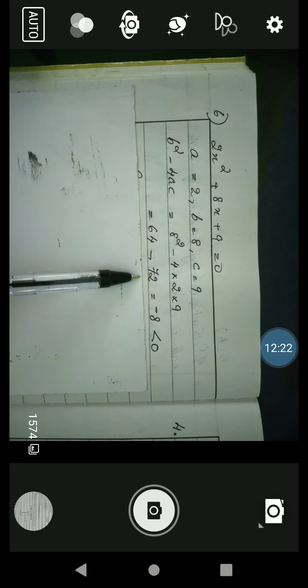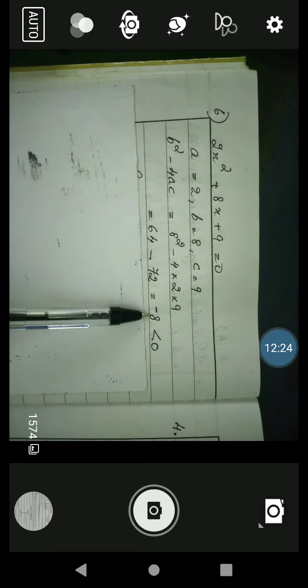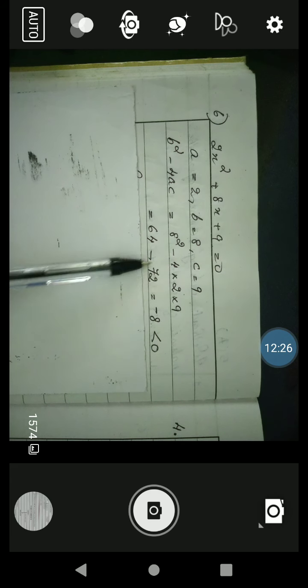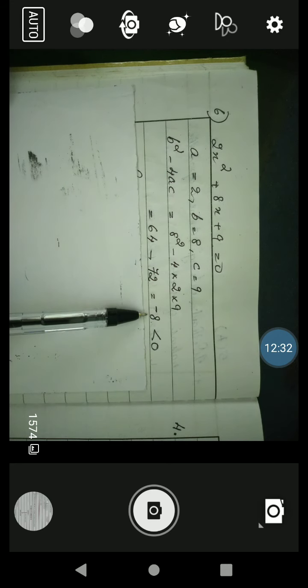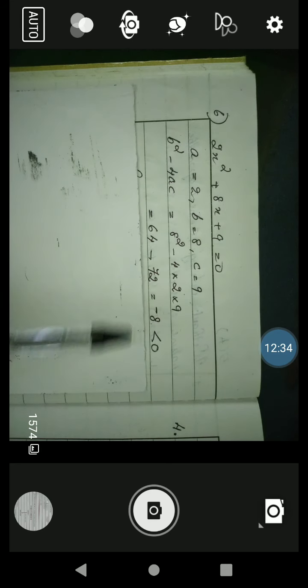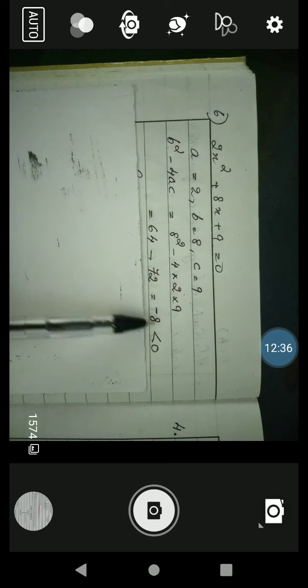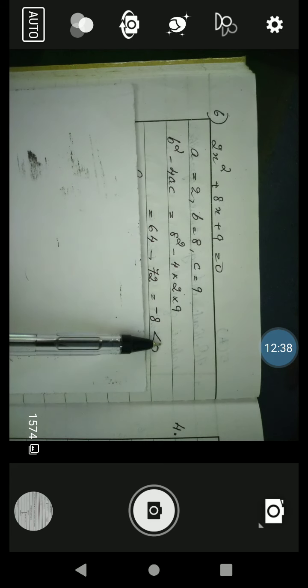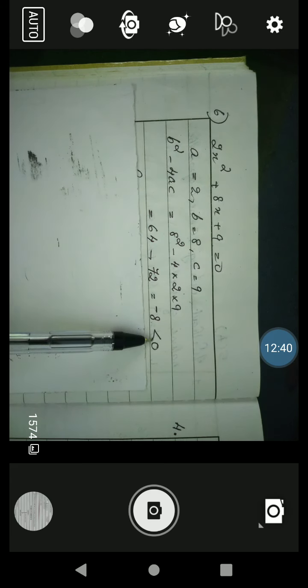So 64 minus 72, it is a negative number because this value is greater. Therefore 64 minus 72 is minus 8. So we cannot find the square root of minus 8. Anyway, b square minus 4ac is less than 0. Therefore, we can write roots are imaginary.